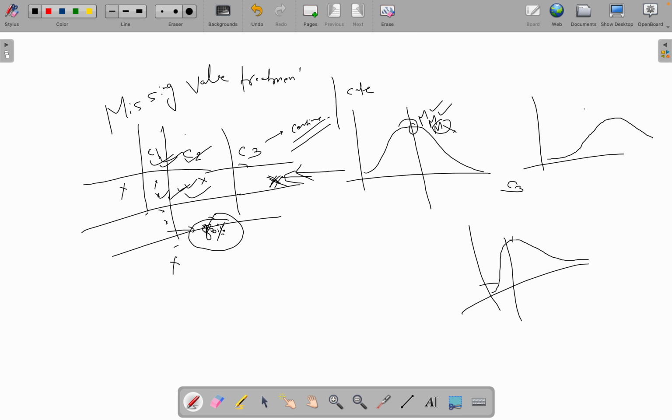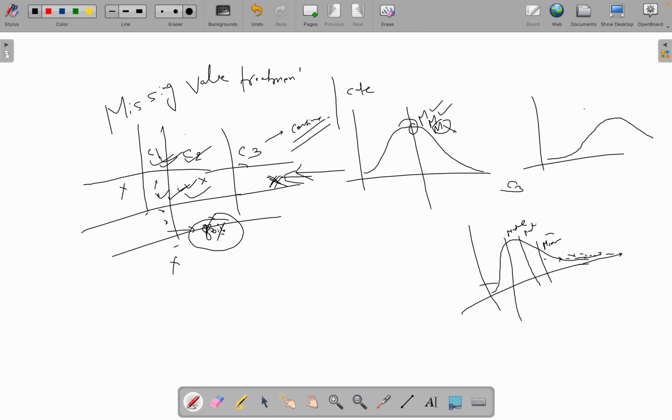So if you remember, when I was teaching that, I told you that in the right distribution, here will be your mode and here it will be your median and here will be your mean. So you can see, as it is right skewed, most of my data will be on this side.